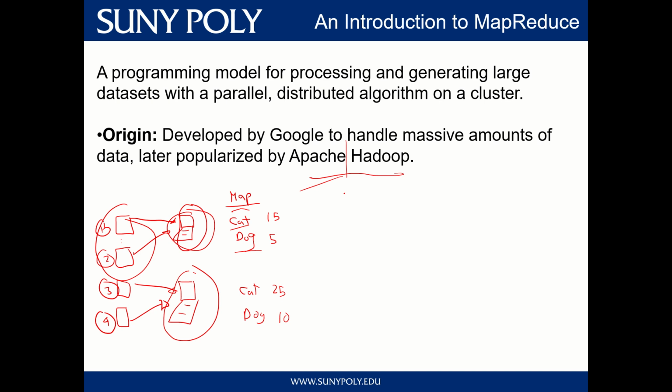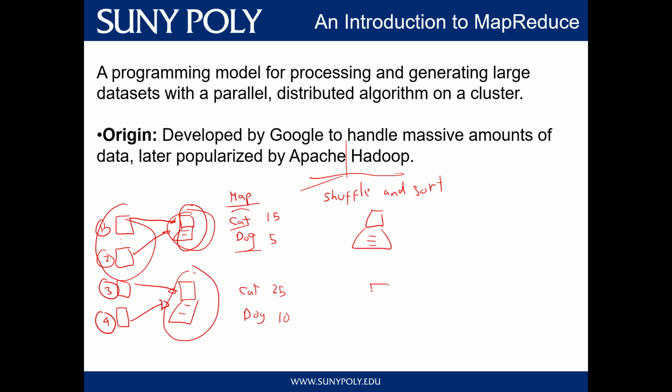Now we have a process that is called shuffle and sort. These key-value pairs are assigned to the machines again. They can be the same two machines or even two different nodes. They don't have to be the same.